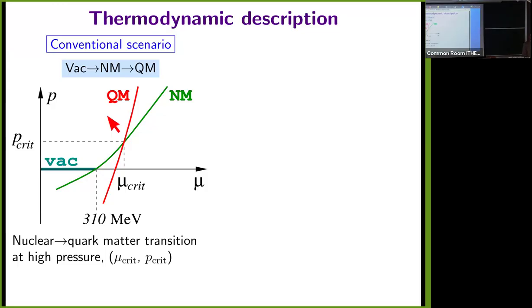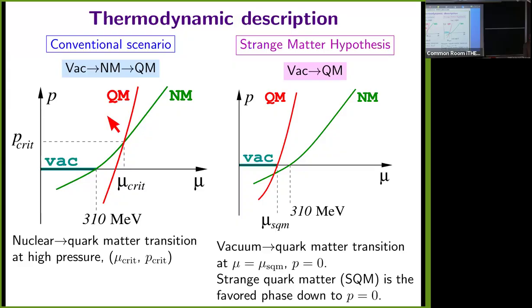Now, in the strange matter hypothesis, this red quark matter curve is shifted upwards. So you could say that's a smaller bag constant if you want to use that terminology. And so now, if you ask at any given chemical potential, what's the phase with the highest pressure? At low chemical potential, it's vacuum.